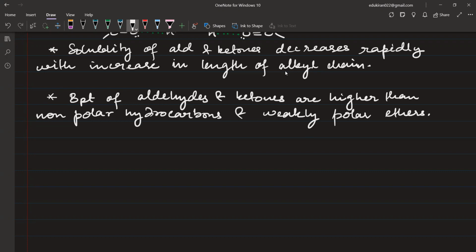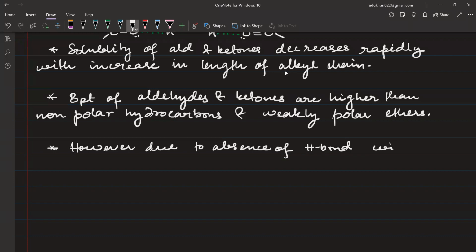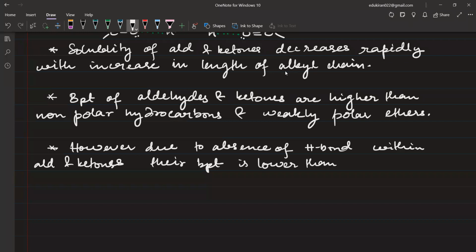But if I compare this to alcohol, next: however, due to absence of hydrogen bond within aldehydes and ketones, their boiling point is lower than corresponding alcohols.